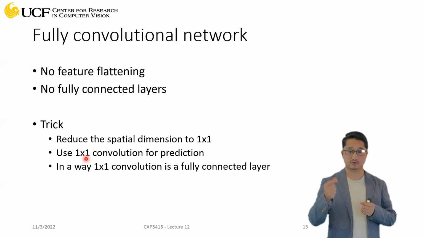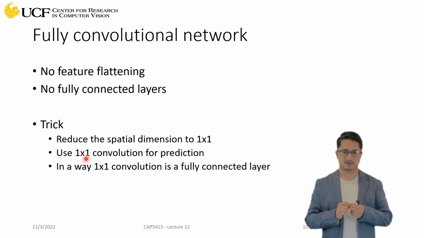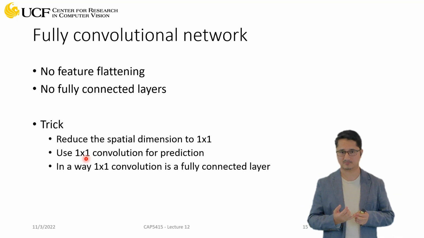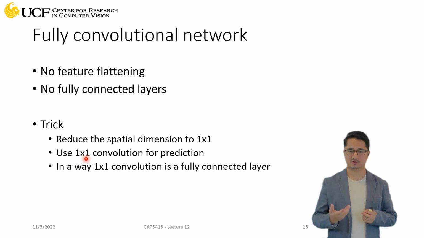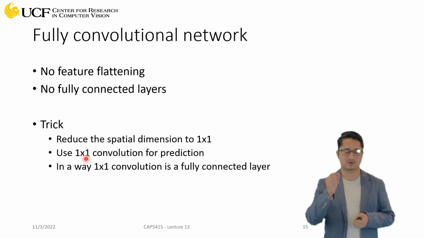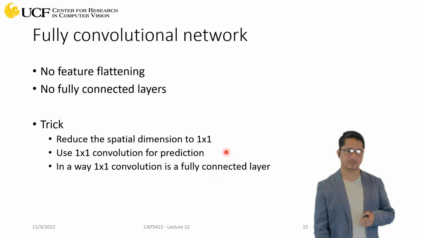And so again, you can perform that convolution operation on that 1 cross 1 activation map. If you think about that in more depth, that's exactly what you do in your fully connected networks as well. So the operation is actually not different, but still conceptually you can define this as a convolution network.